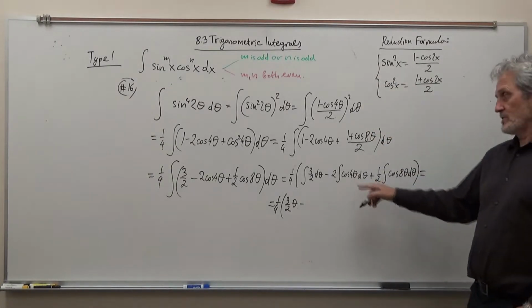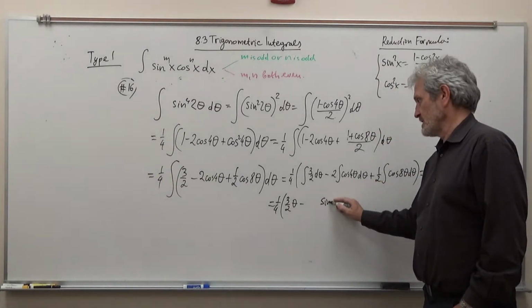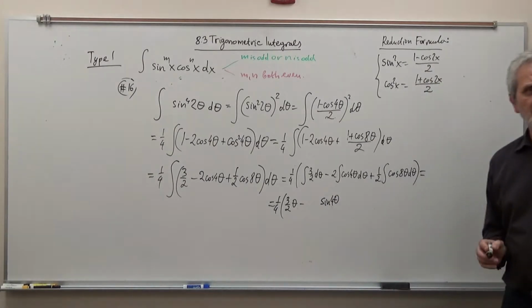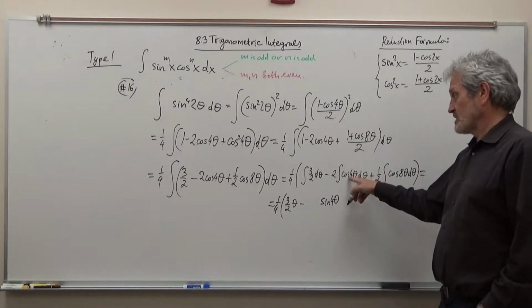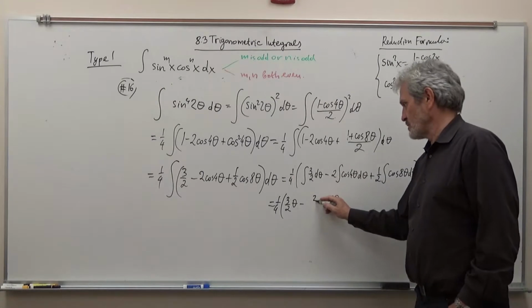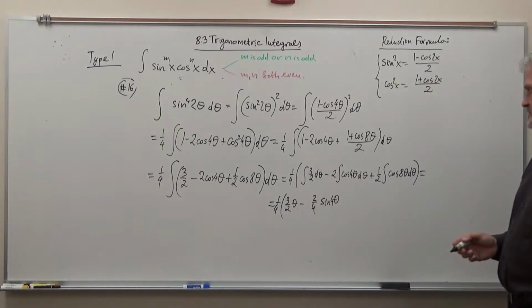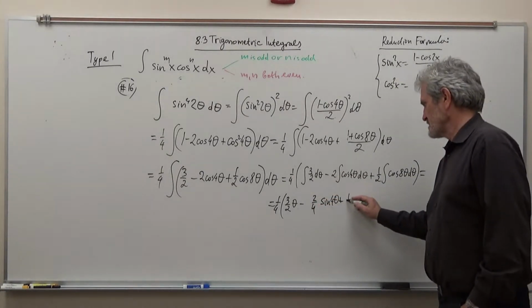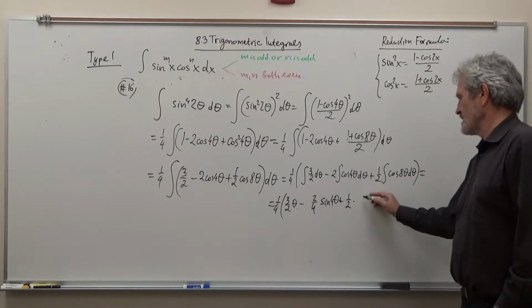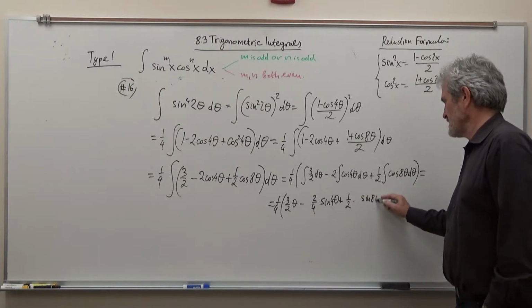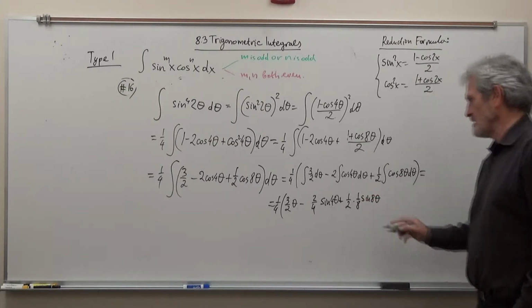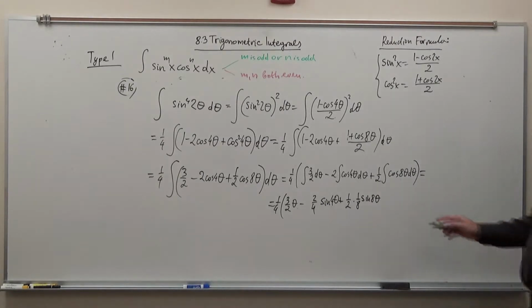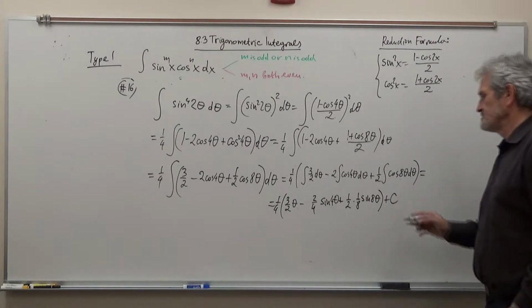Here we have linear correction. The integral of cosine 4θ is sine 4θ, but you need 1/4 as the linear correction, so it would be 2/4 or 1/2 as well. And plus 1/2 times, again, the integral of cosine 8θ is sine 8θ, but times 1/8, plus C. Here it is.